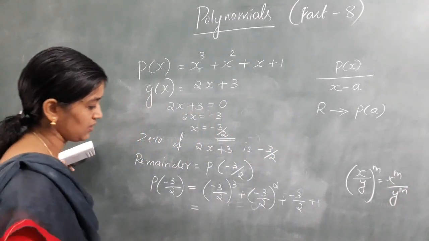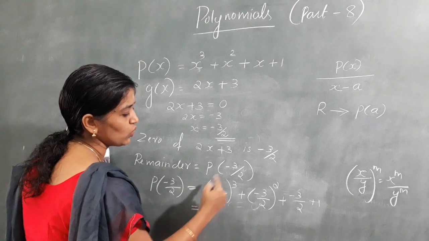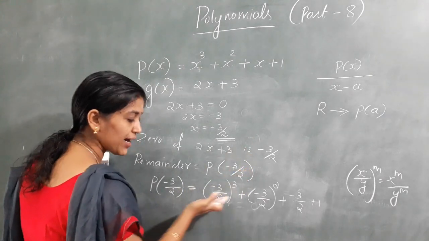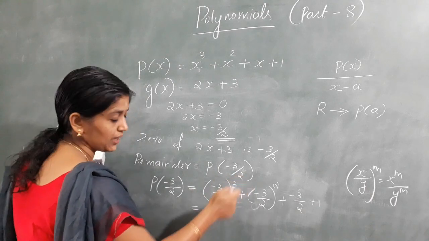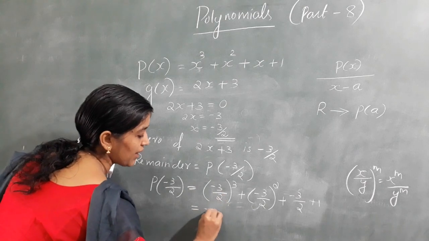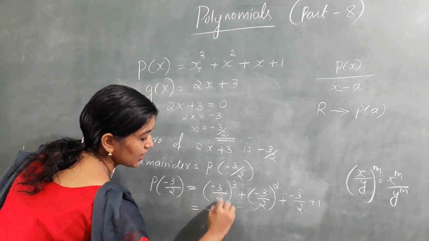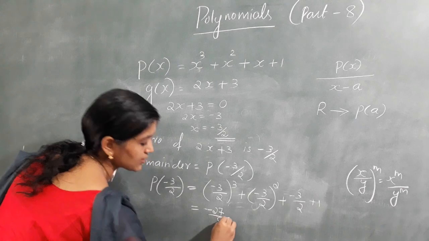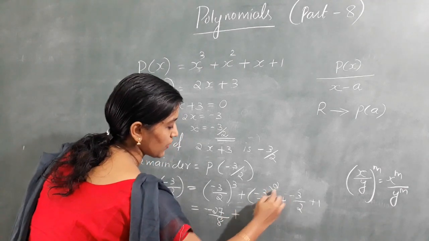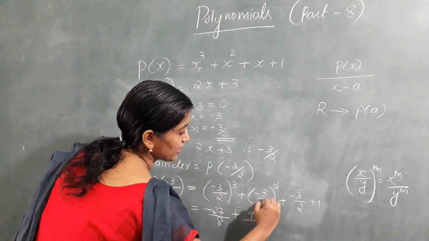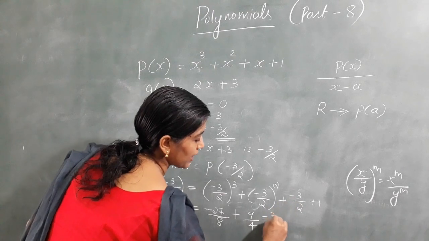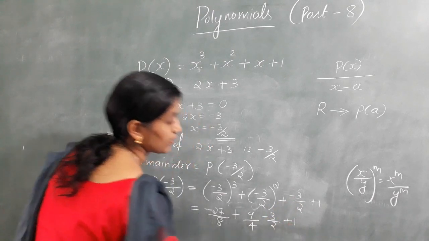So minus 3 by 2 whole cube, you can find the cube of the numerator divided by the cube of the denominator. So you will get minus 3 whole cube, which is minus 27, by 2 cube, which is 8. Now plus minus 3 whole square, it is 9, by 2 square, it is 4. Then plus and minus becomes minus 3 by 2 plus 1.